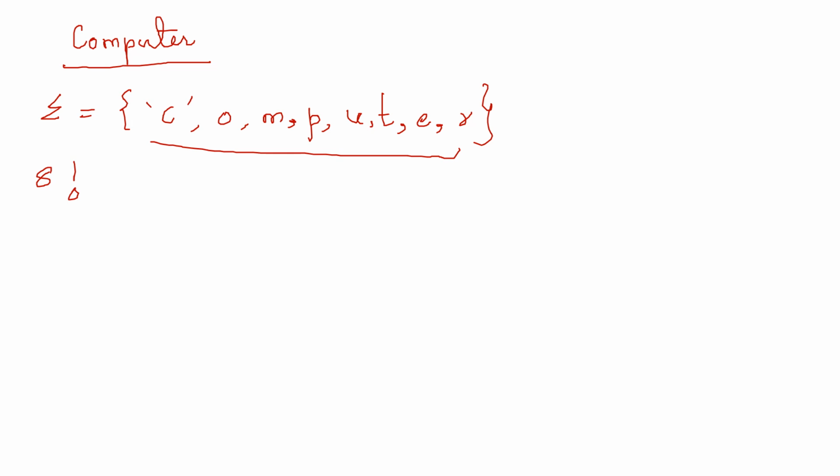Not only computer, we can generate 8 factorial combinations of words from these characters. For example, compute, put, then, anything. Like that we can generate 8 factorial possibilities of words.